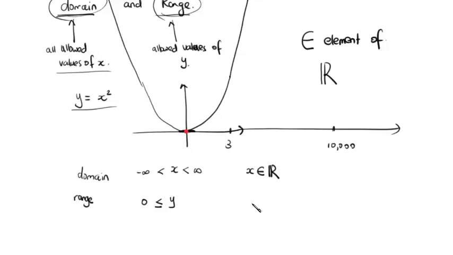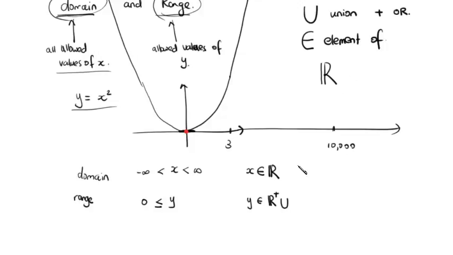We can also write this as y is an element of all positive real numbers. But that doesn't include 0, does it? So we put a U, which means union. I'm introducing a lot of notation. U means union; you can think of that as plus, and sometimes it's read as or.